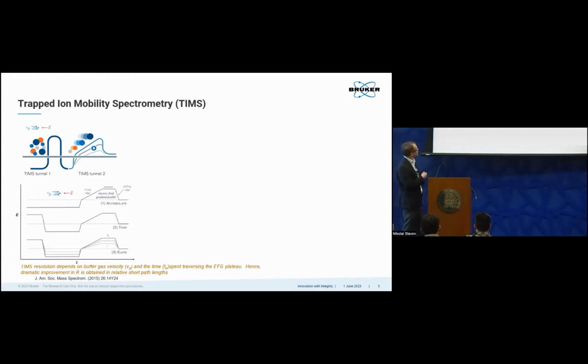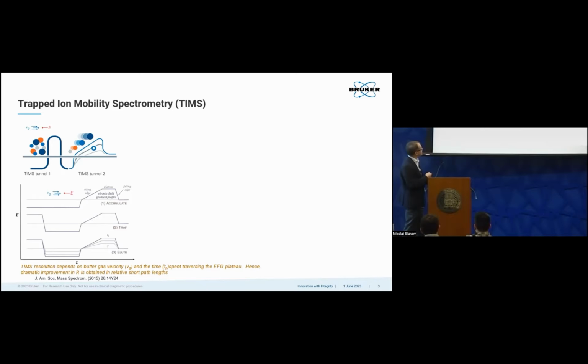Again, this acts as a barrier to the ions. The gas flow pushes those ions into this electric field gradient. They're then trapped, and then we elute them as I described by ramping down the electric field, with the ions eluting in order of their decreasing collisional cross section.